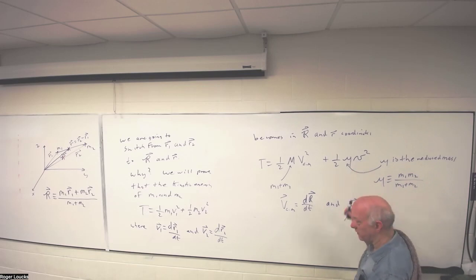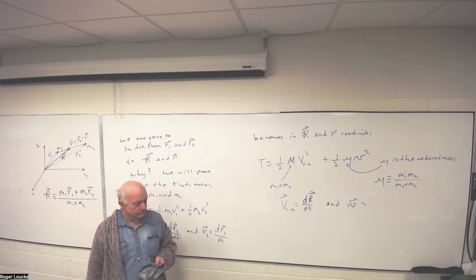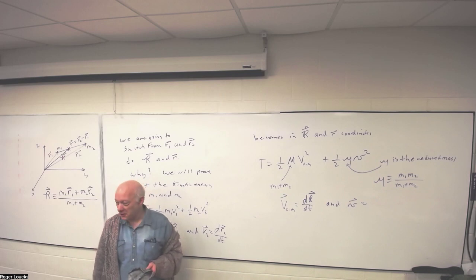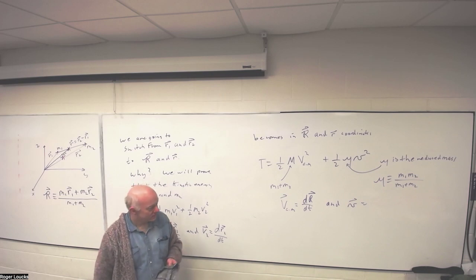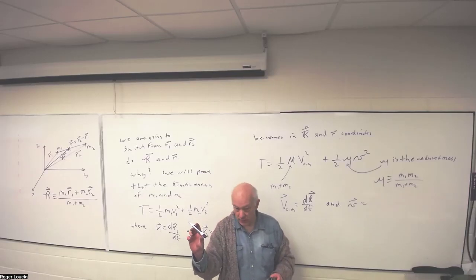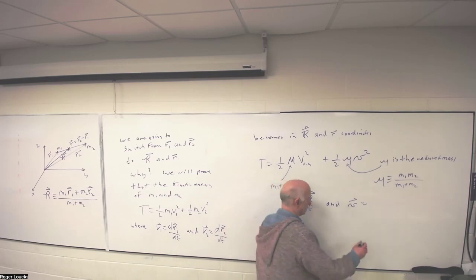That little velocity here, V, what do you think that's going to become for the capital R, little r coordinate system? What's the little r? The little r is the separation distance between the two objects. This is just going to be dr/dt.